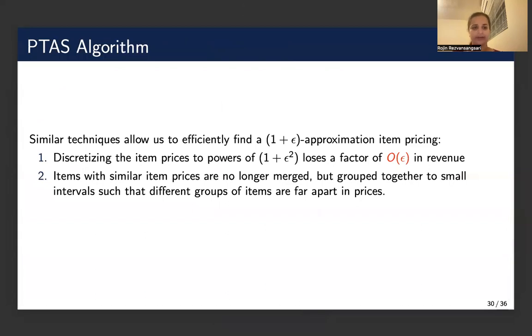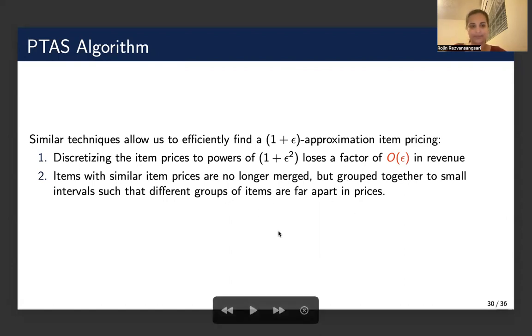And now I just want to point out a bit of similarities and differences from going from constant factor to PTAS. First of all, note that we do the same discretization in this setting, except rather than rounding to powers of 2, we do that to powers of 1 plus epsilon squared. And this step costs us only a factor of O epsilon. The second thing to consider here is that we said that once we did the rounding, it was possible that some of the prices are equal.